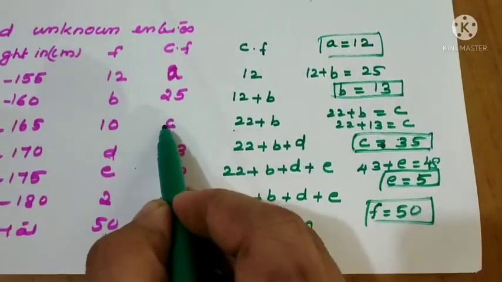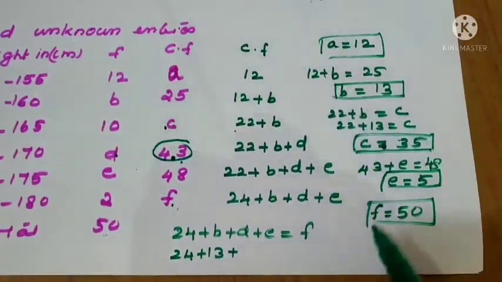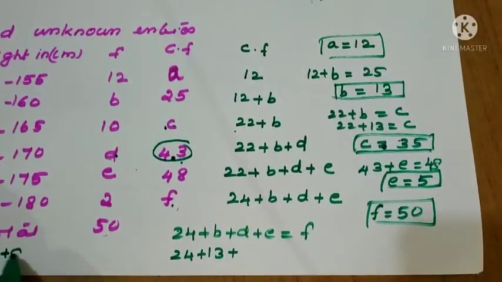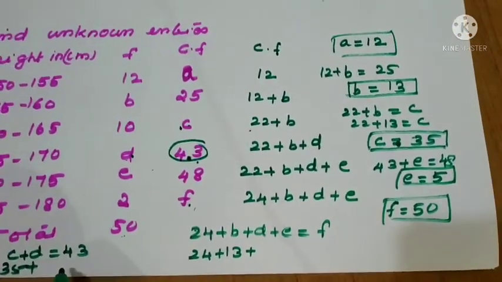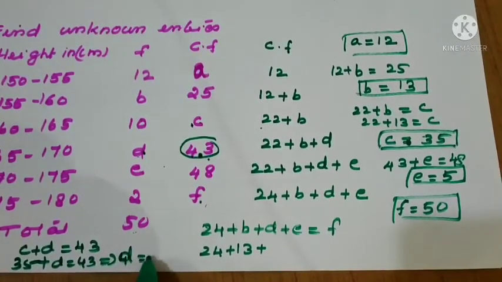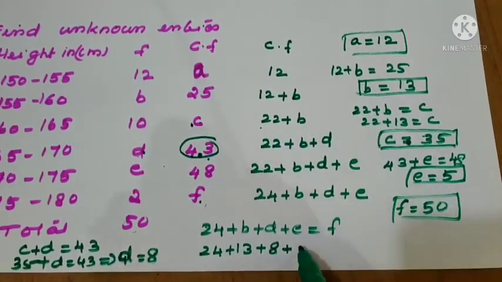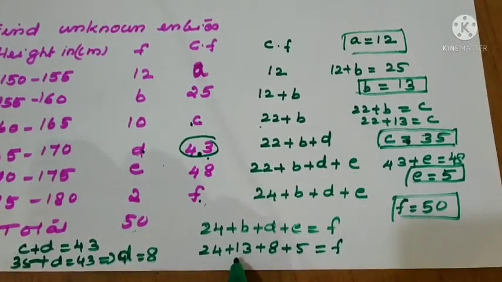See, C plus D is equal to 43, right? So I can write one more step here. C plus D equal to 43. C is 35 plus D equal to 43 implies D equal to 8 only. So I'll substitute here 8, then E we calculated 5, it is equal to F. So if you add, what is the sum?